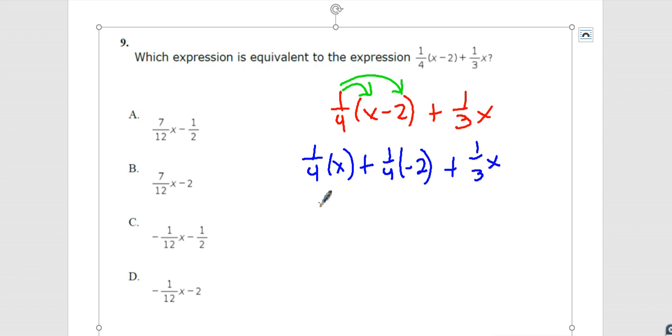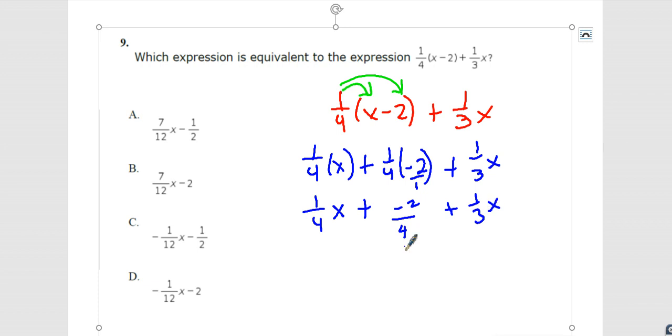So this is 1/4 x plus 1/4 of -2, which is going to be -1/2. Because if I put a 1 in the denominator like we've done before, 1 times -2 is -2 over 4 times 1, which is 4, plus 1/3 x.